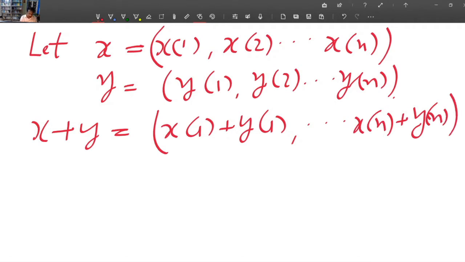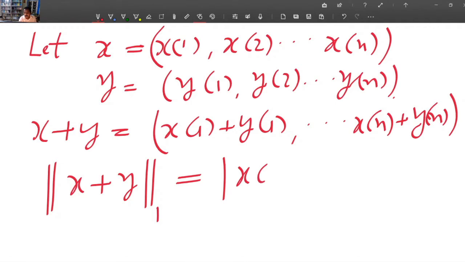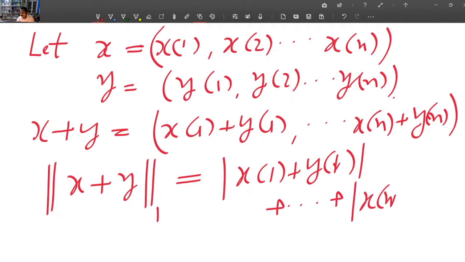Consider the 1 norm of x plus y. By definition, this is equal to modulus of x of 1 plus y of 1 plus etc. plus modulus of x of n plus y of n.